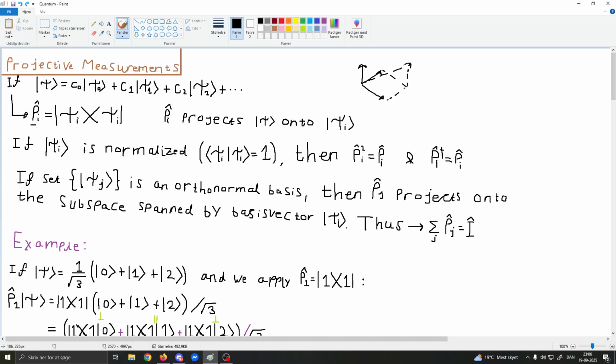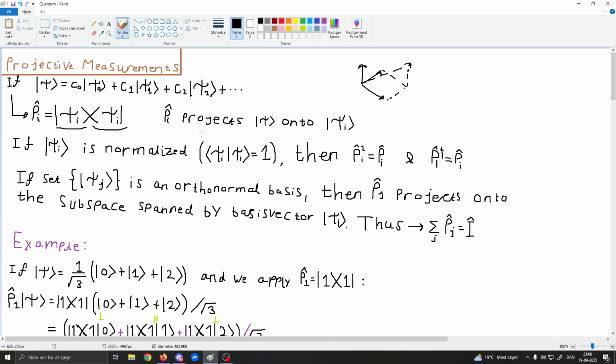If we have pi, where i is like any direction, so it could be like 0, 1, 2, out of however many dimensions we have, then it is expressed as the outer product of just that ket. So it will be the basis vector multiplied by its dual correspondence.